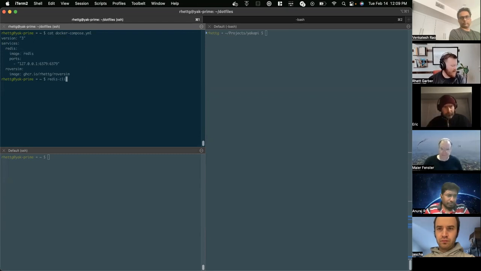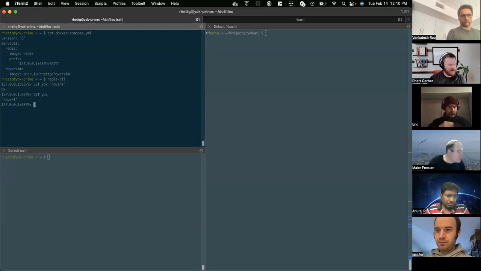I run the Redis CLI. As I mentioned, there are simple data structures, so I can set a value. I will set it to Rover. And then I can get this key value. I can create a set of things.